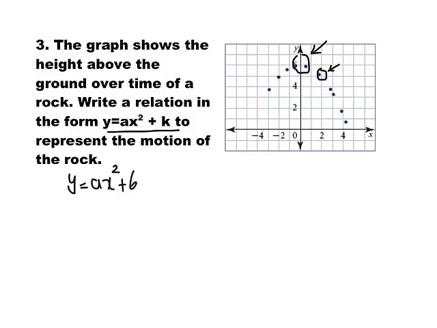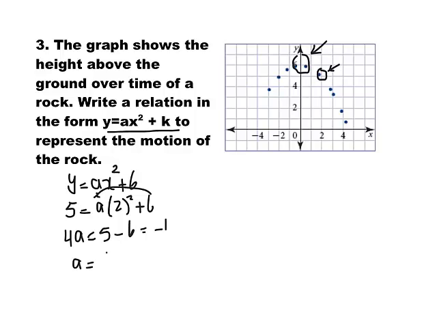So when y is 5, x is 2. So a times 2 squared plus 6. I move 6 to the left. 2 squared is 4, so 4a is 5 minus 6, which is negative 1. So a is negative 1 over 4, which is about negative 0.25.